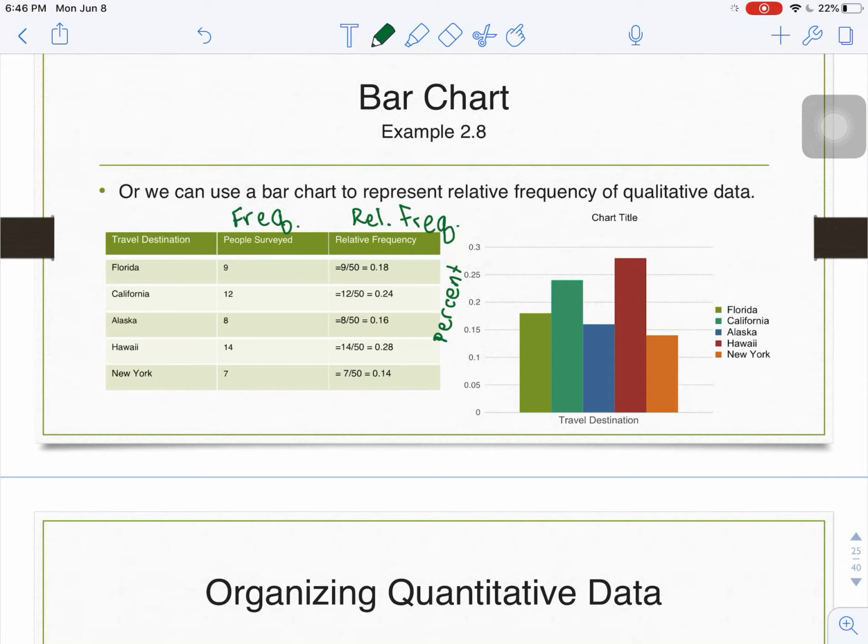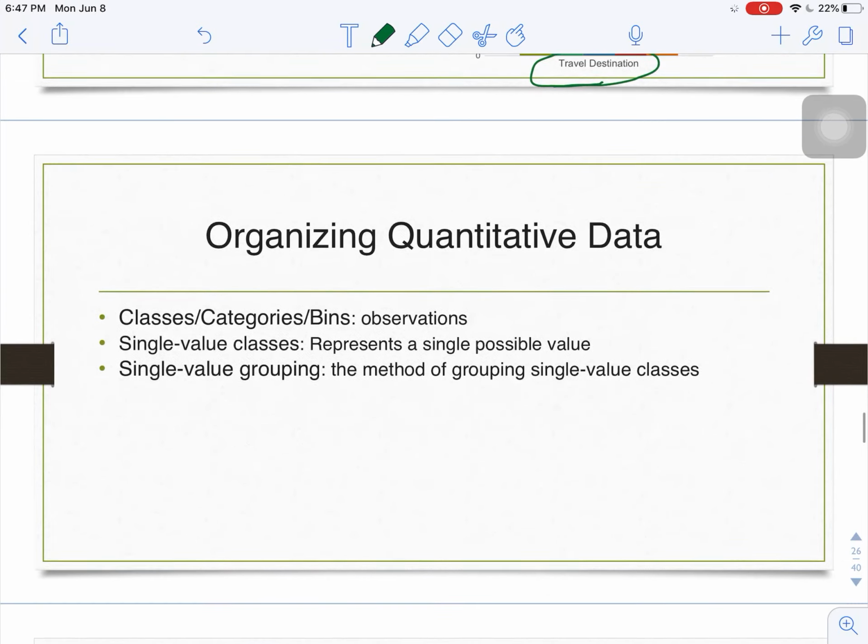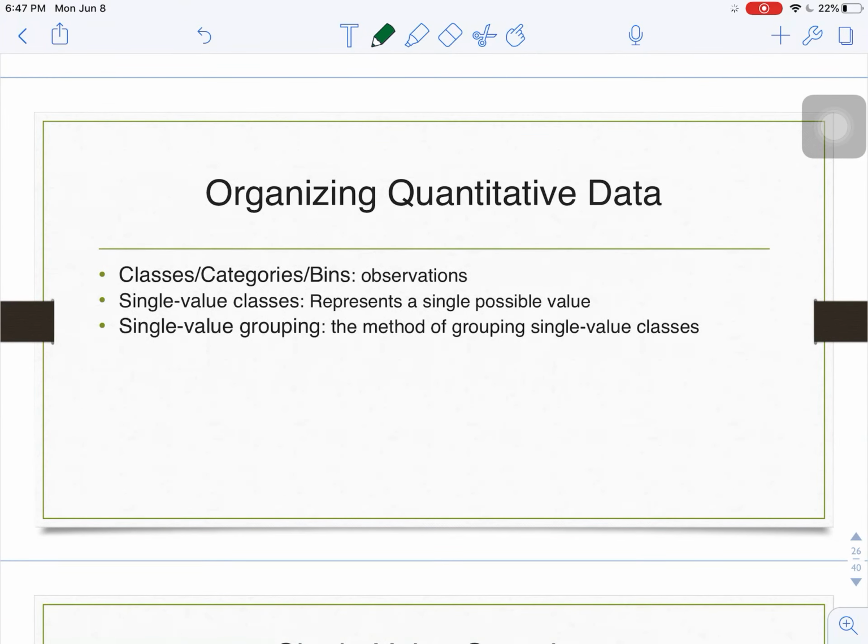So here we would be percent. Or you could put relative frequency. We have our key right here, and we have the travel destination labeled at the bottom. Do not forget, we want the chart title as well. So travel destination would be a good title for this one.